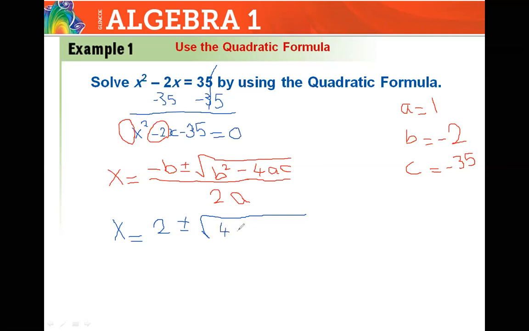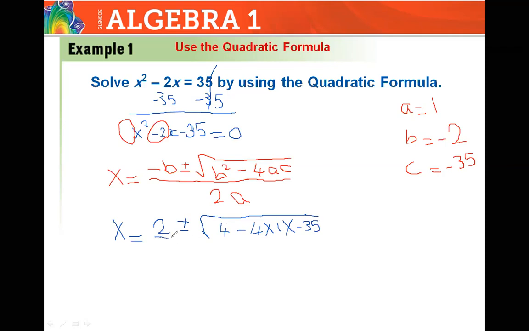And then minus 4 multiplied by A. A equals 1, B equals negative 2, and C equals negative 35.